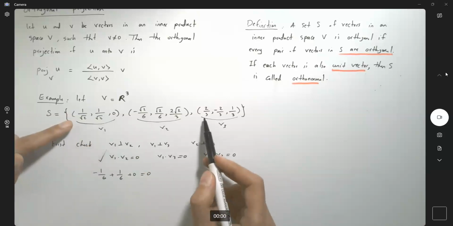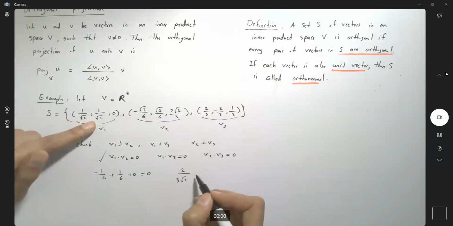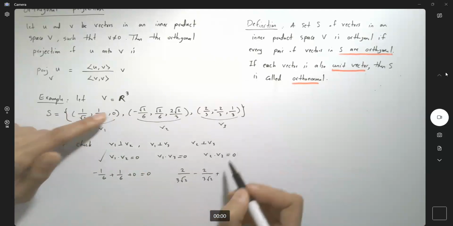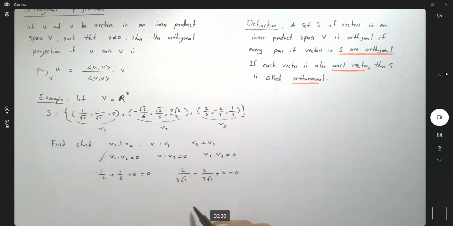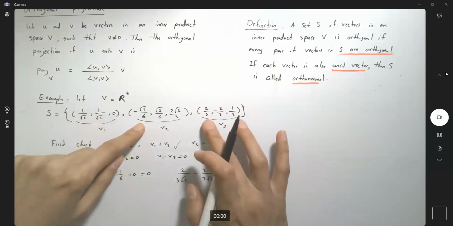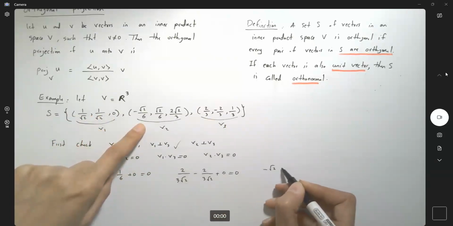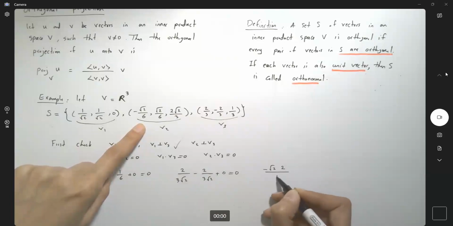V1 and V3. So here you have 2 divided by 3 square root of 2 minus 2 divided by 3 square root of 2 plus this is just 0. Basically, it is 0. So these two vectors are also orthogonal or perpendicular. The last pair is V2 and V3. If I multiply these two together, what I get is negative square root of 2 times 2 divided by 18.